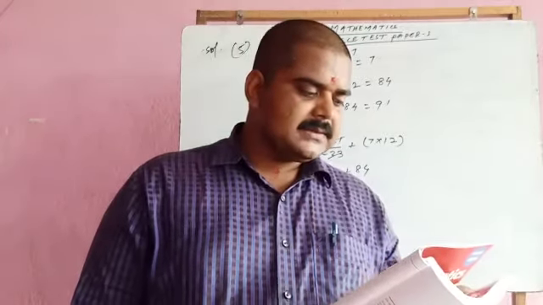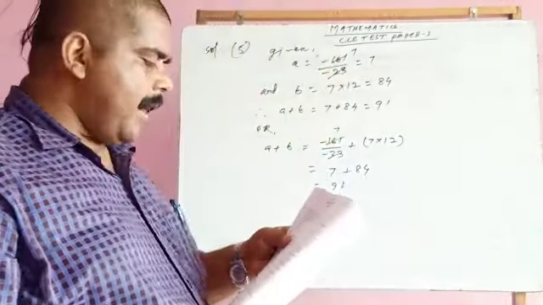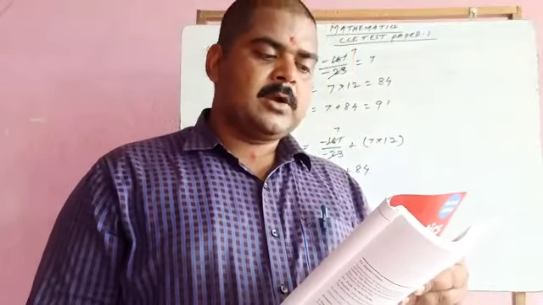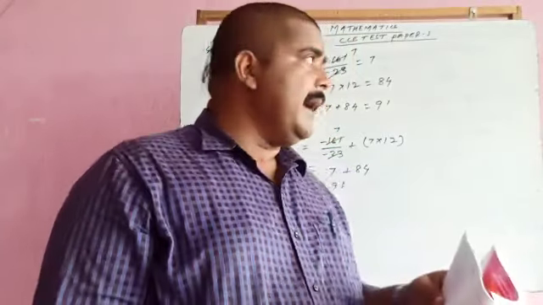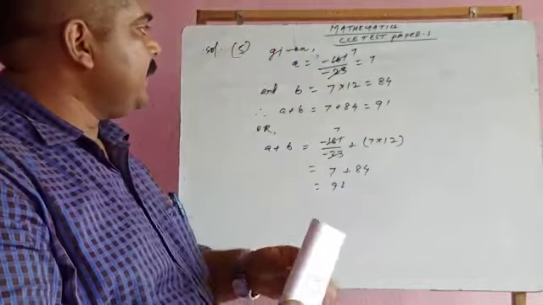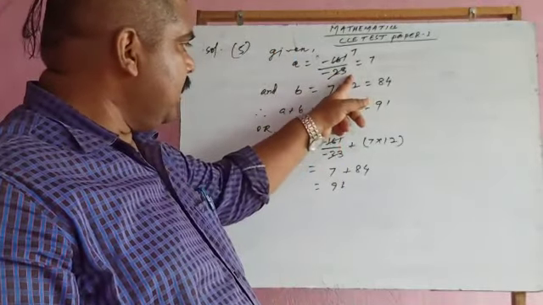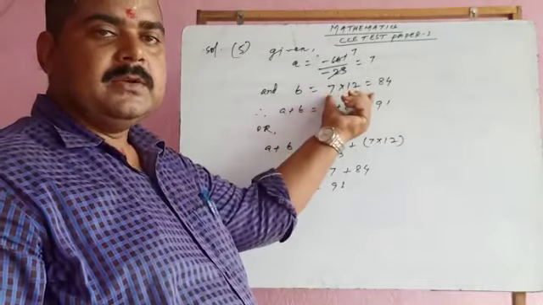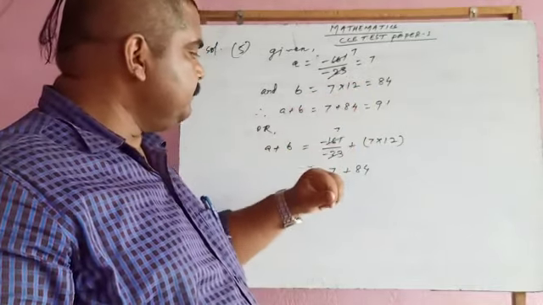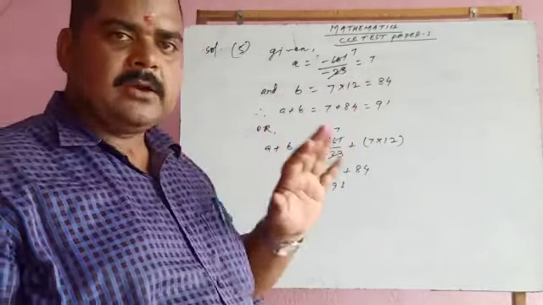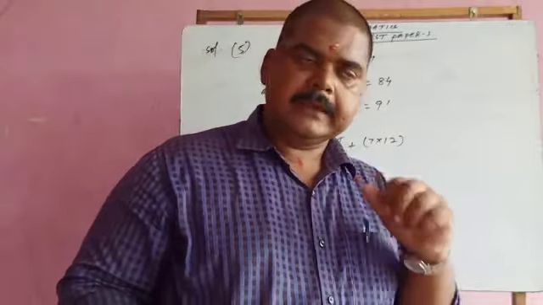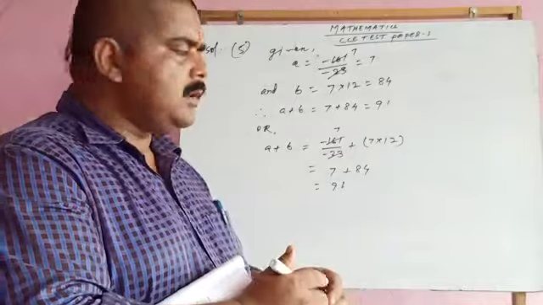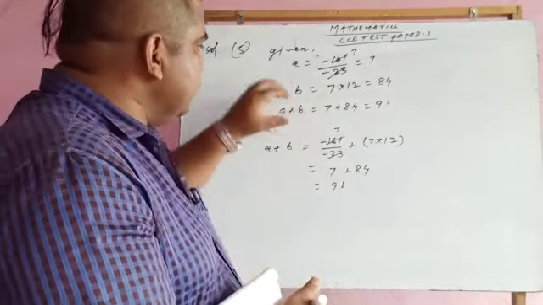My dear students, in question number 5, it has been given that a is a number obtained by dividing minus 161 by minus 23, and b is the number obtained by multiplying 7 by 12, and you need to find a plus b. This question can be solved this way.